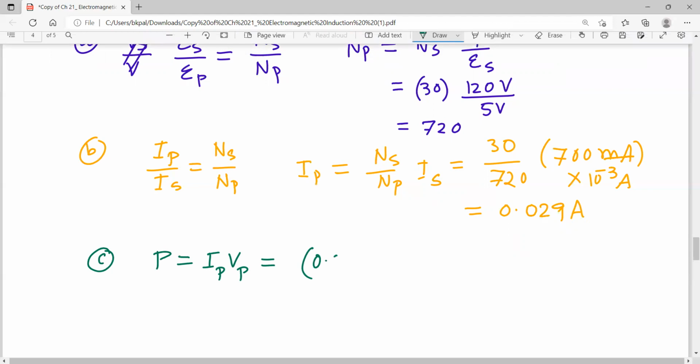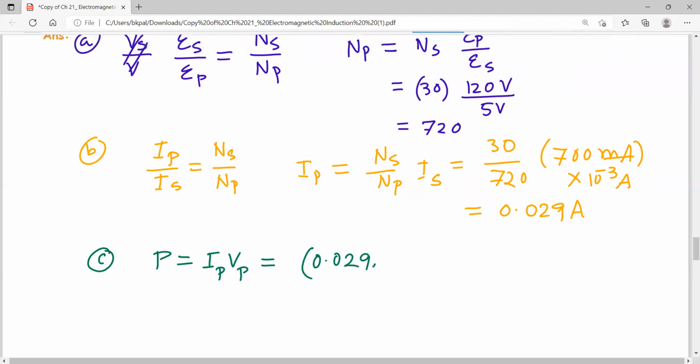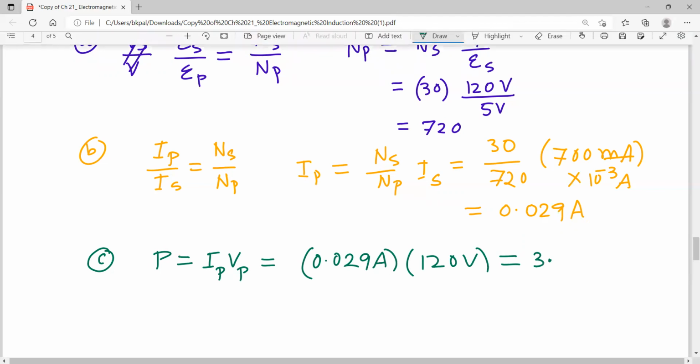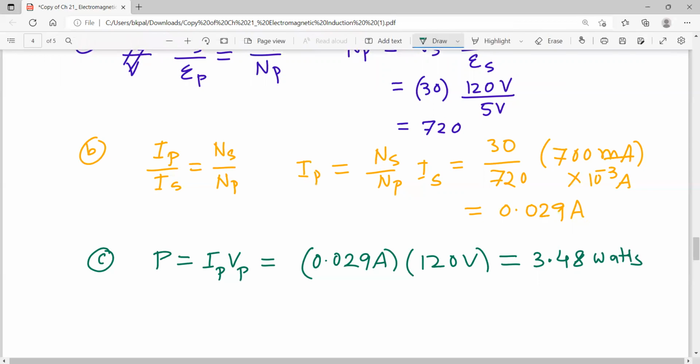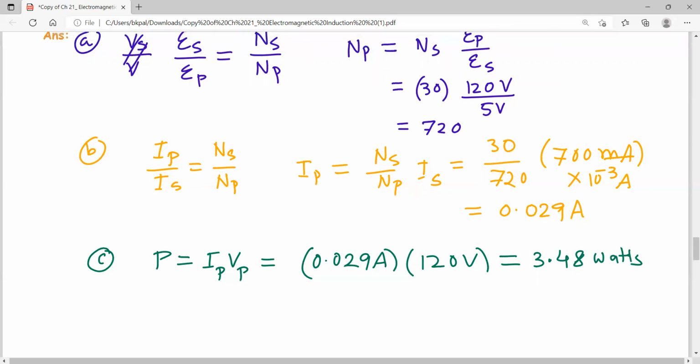Primary current is 0.029 amp, and the primary voltage is 120 volt AC. So the power is basically 3.48 watts.